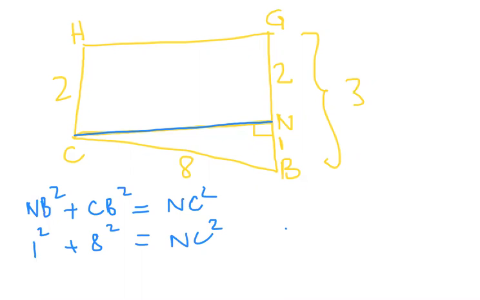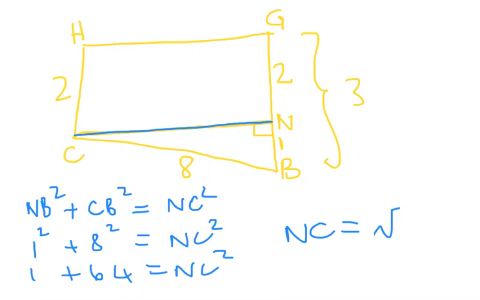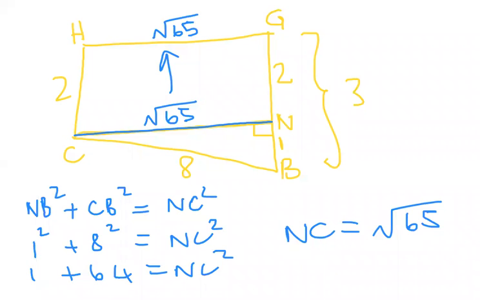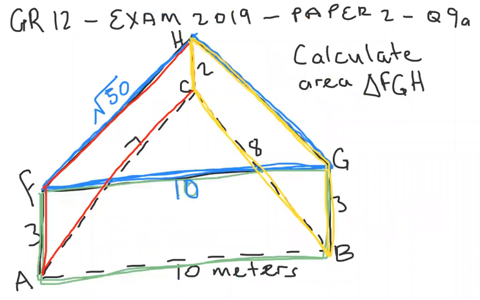If you do the maths, 1 plus 64 is 65, so NC squared is 65 and NC is square root of 65. And because that's square root of 65, HG will also be square root of 65. Let's go back to the big sum, and that's the HG we just found out, square root of 65.